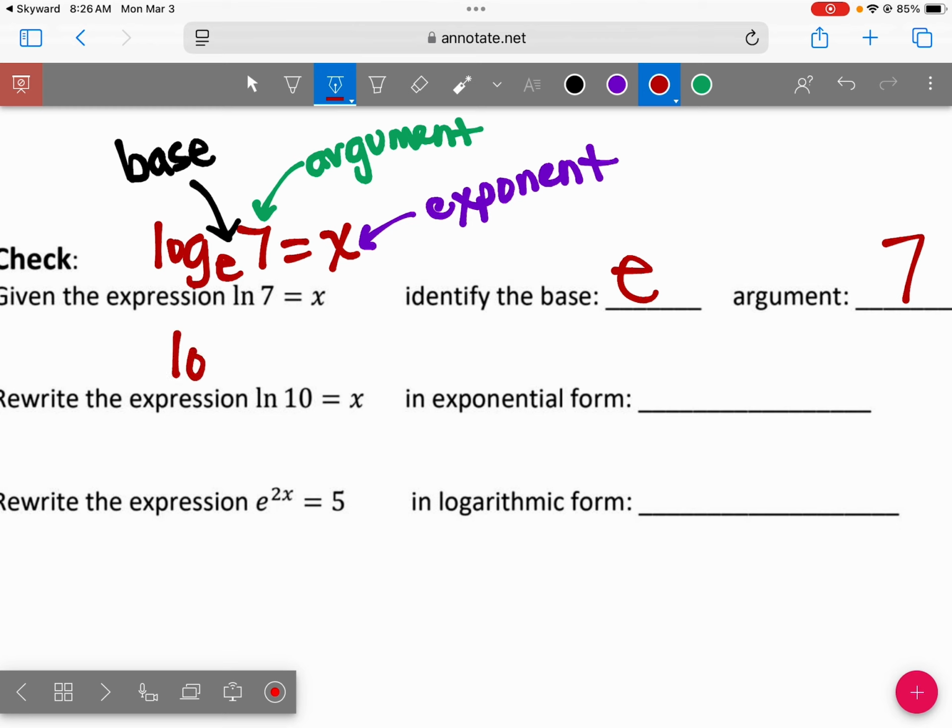So a natural log is a log with a base e, 10 equals x. So if you were to write this in exponential form, you should have e to what power? x equals what? 10. That's your answer.